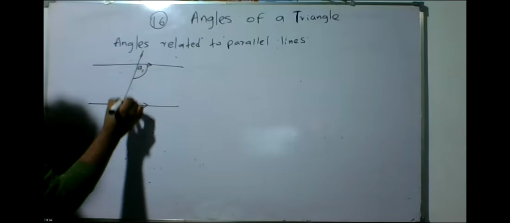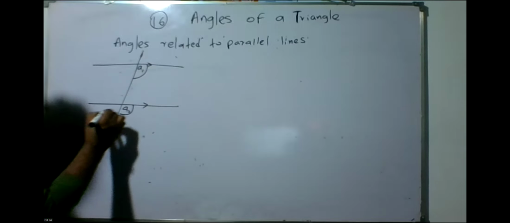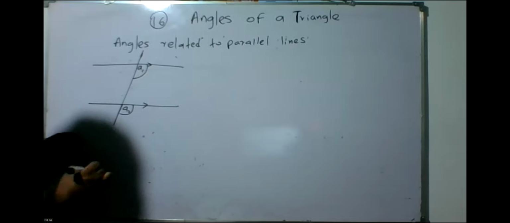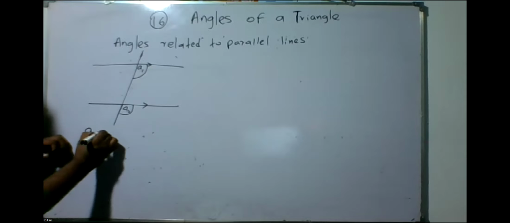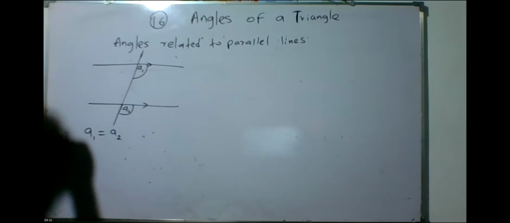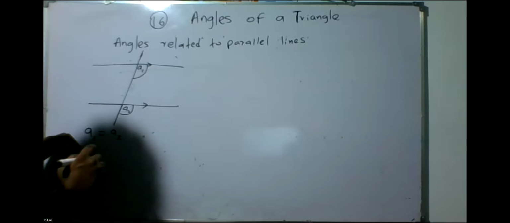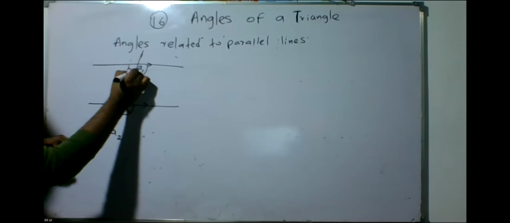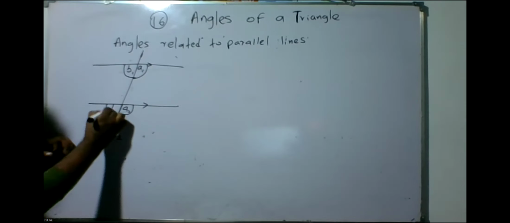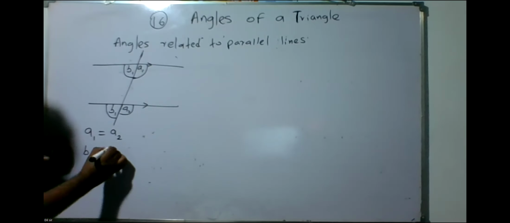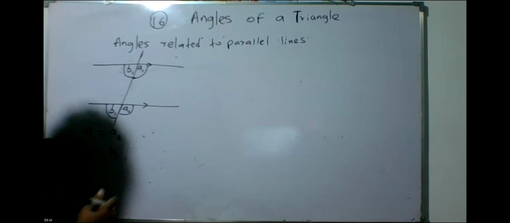A1, A2. Pair of corresponding angles. A1 is equal to A2 because the two lines are parallel, right? That is one pair of corresponding angles. Look, son, opposite to this F, B1 and B2. Another pair of corresponding angles, right? B1 equals B2 because the two lines are parallel.